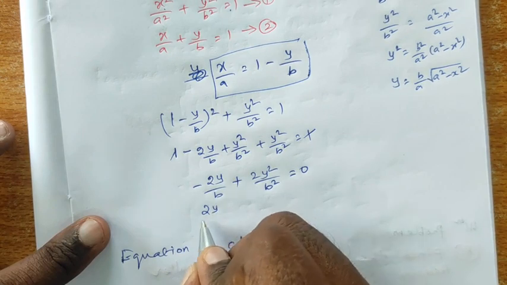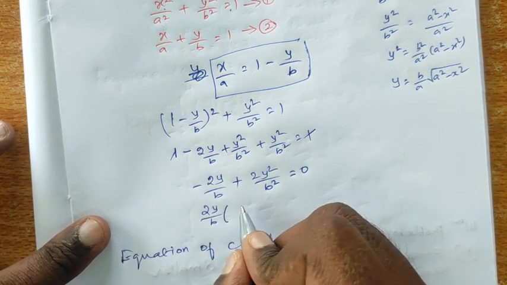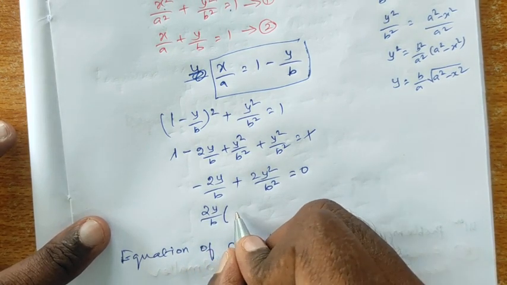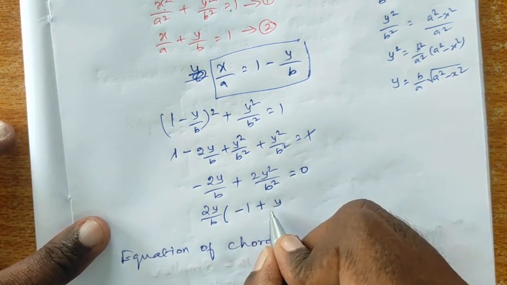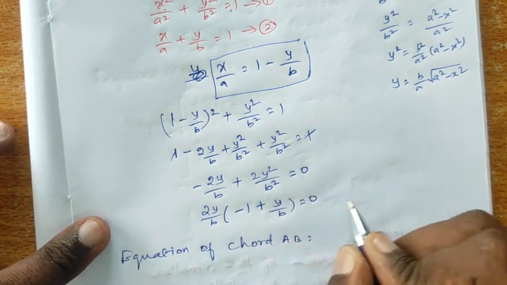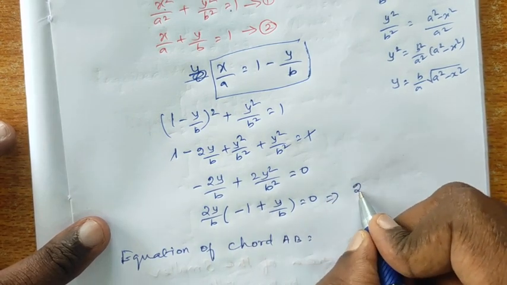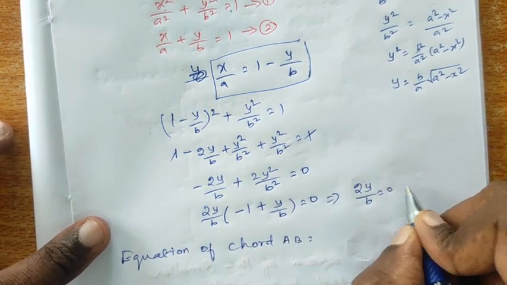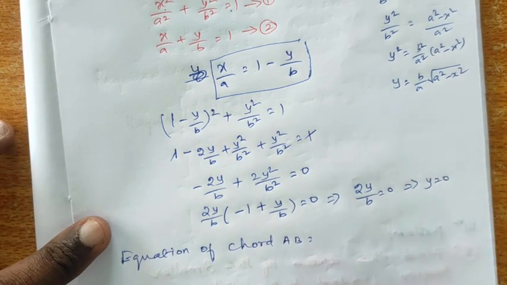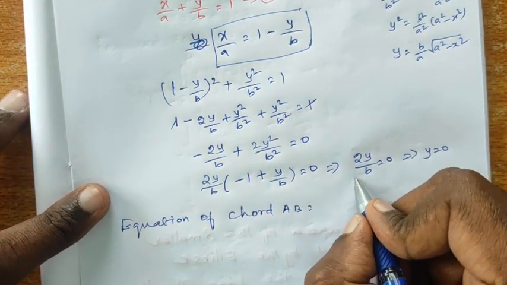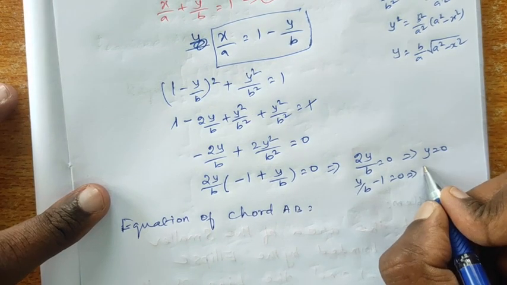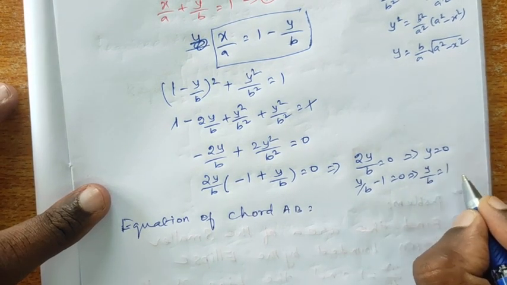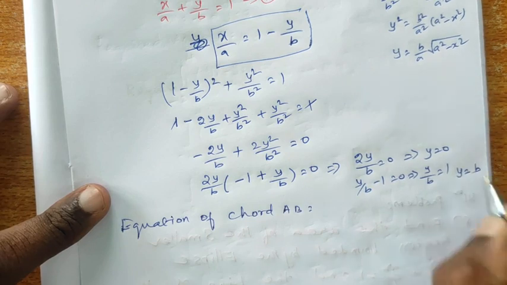So 2y by b is taken out in common. So 2y by b into y by b minus 1 is equal to 0, which implies 2y by b is equal to 0, which implies y is equal to 0, and y by b minus 1 is equal to 0, which implies y by b is equal to 1. So y is equal to b.